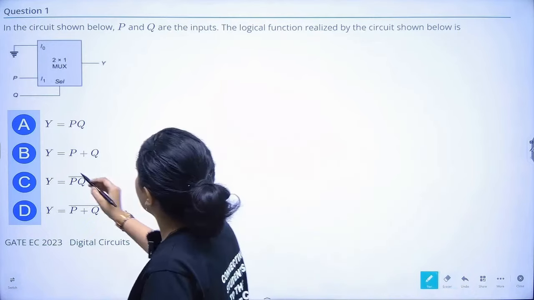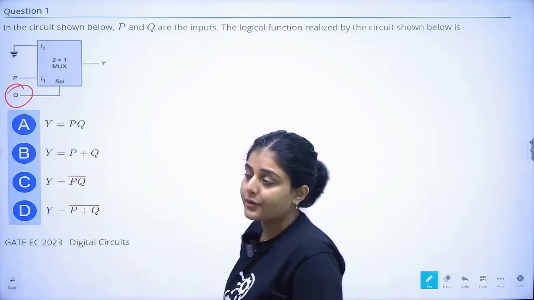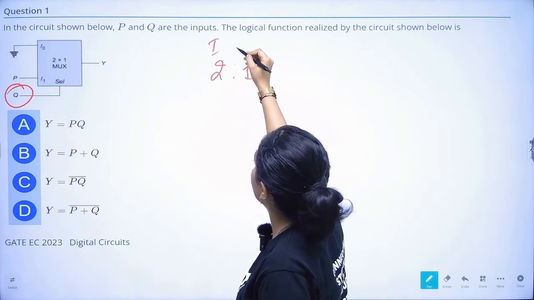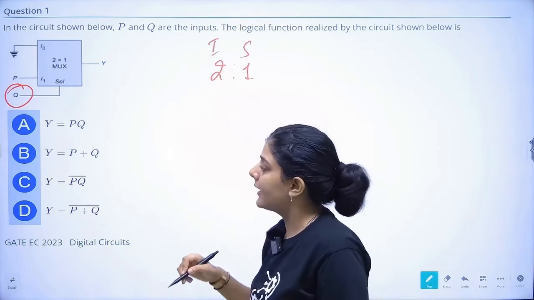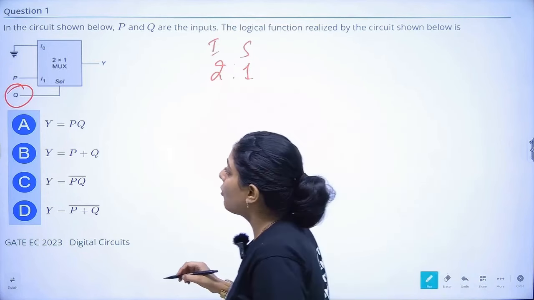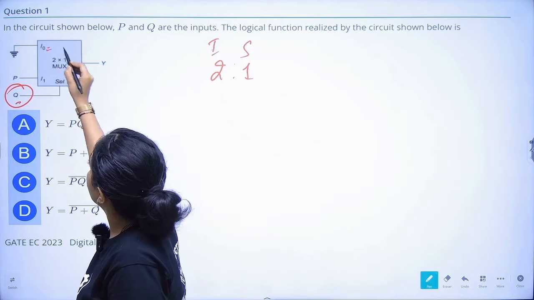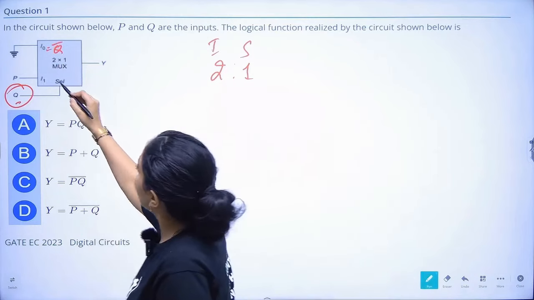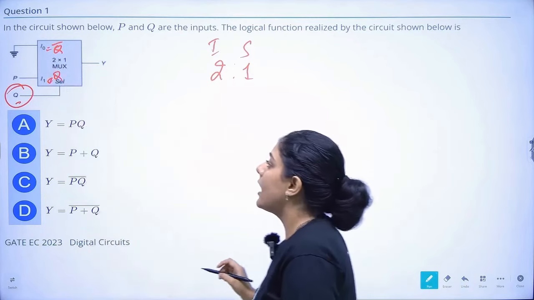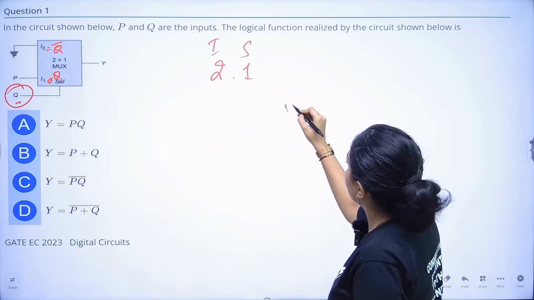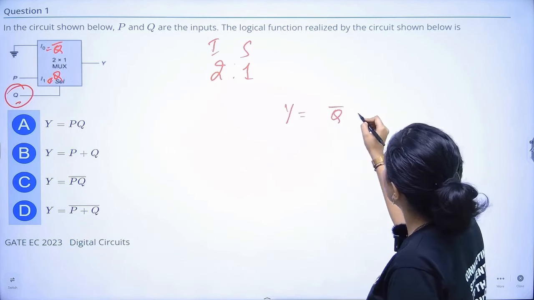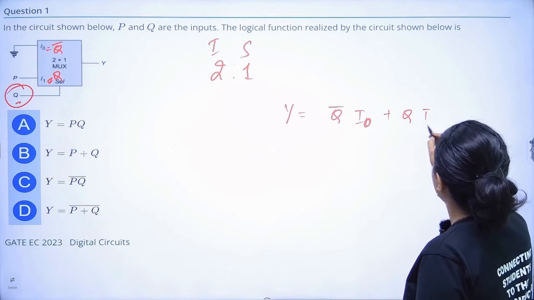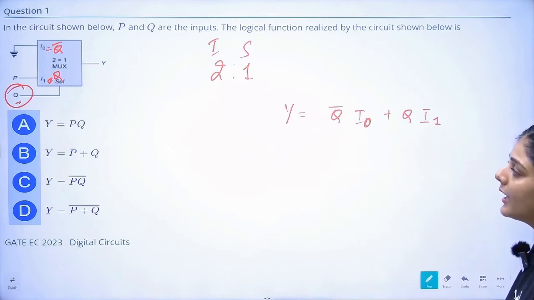Here Q is the select line, and I0 and I1 are the inputs. When Q is equal to 0, it will select I0, and when Q is equal to 1, it will select I1. The logic will output Y equals Q bar I0 plus Q I1.